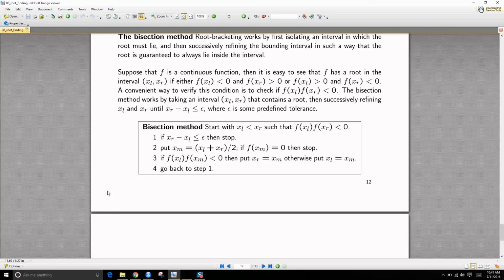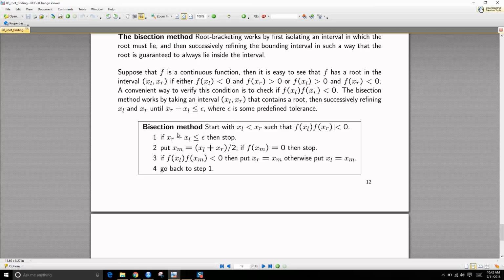If the function at x equal to 1 is negative and the function at x equal to 10 is positive, then you know that somewhere between x equal to 1 and x equal to 10, you've crossed the line 0. So you start where x on the left side is less than x on the right side, and if the product of those is less than 0, meaning one is positive and one's negative, you know that it has crossed.